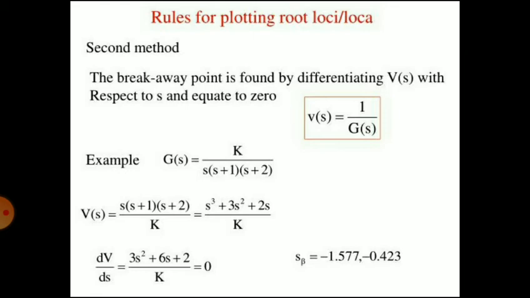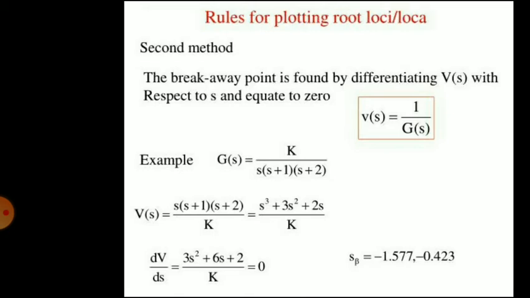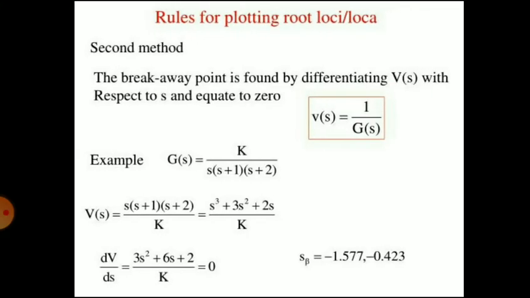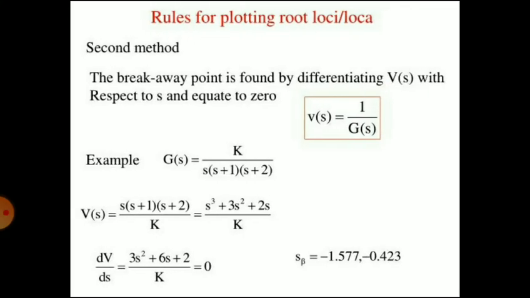So V(s) equals that, and dv by ds is equal to (3s square plus 6s plus 2) upon k equal to 0. After solving this, you will get s_B equal to -1.577 and -0.423. So that is the determination of the breakaway point.